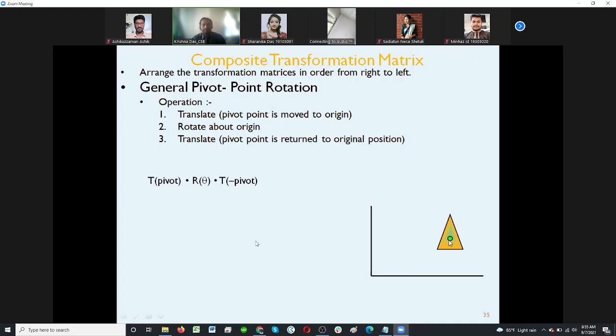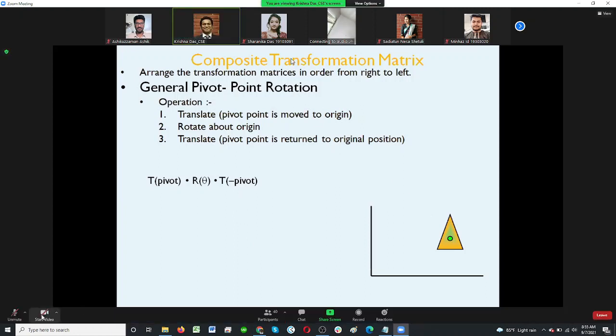If I move that point into my origin, say the value for that pivot point is 3 and 2, how can I come back and make it the origin? What do I need to do? Can anyone tell?